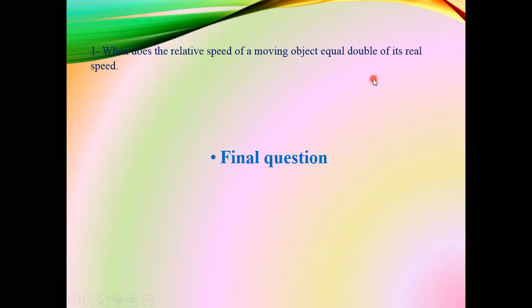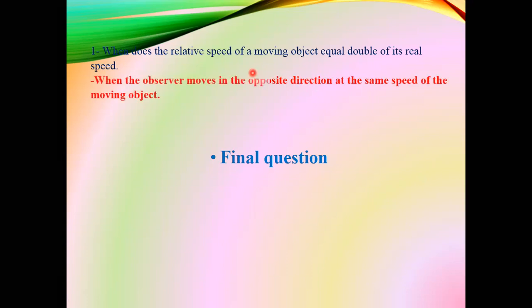When will it be plus? In the opposite direction. It means opposite direction with the same speed. In this case, adding the real speed, the moving object speed, plus the observer speed, gives double if they are the same. So when the observer moves in the opposite direction at the same speed as the moving object.